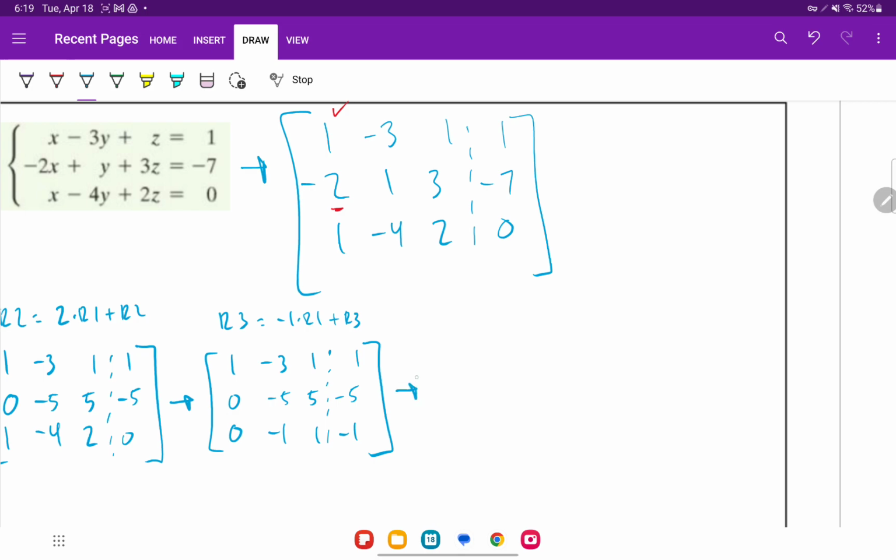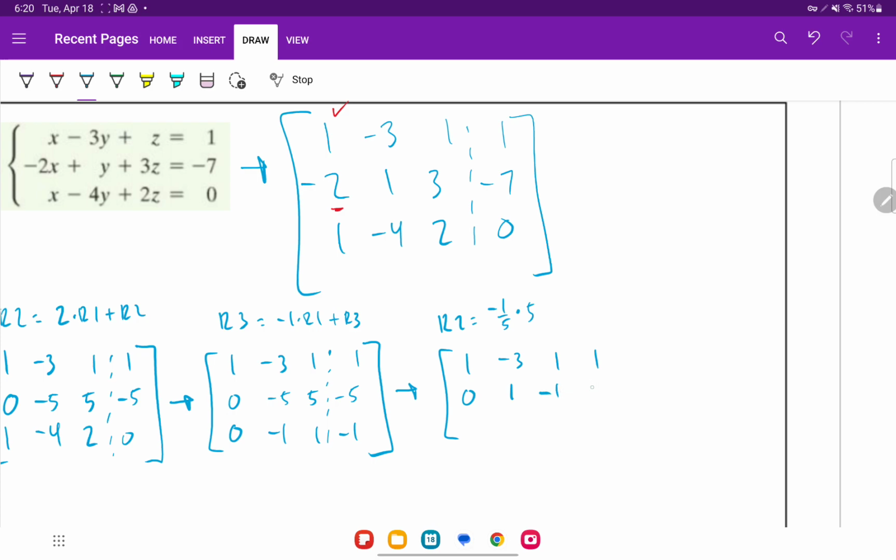For this next one, to change row 2, I'm going to multiply by -1/5, and that's going to make it into a 1. So row 1 is not changing. But row 2, 0 times -1/5 is 0. -5 times -1/5 is 1. 5 times -1/5 is -1.